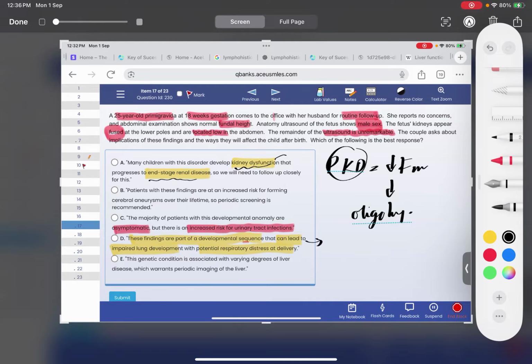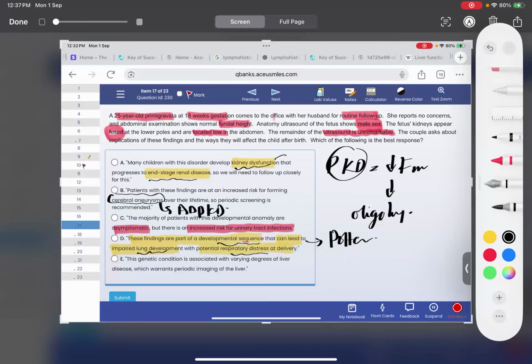What is D? They are saying it is a developmental sequence that leads to lung impairment and potential respiratory distress. It is autosomal recessive polycystic syndrome, a Potter sequence. What do we have? Increased cerebral aneurysms, I think we have this in autosomal dominant PKD, right?